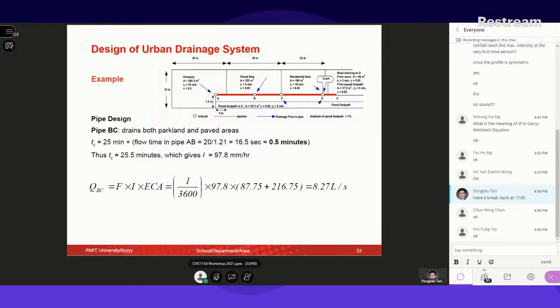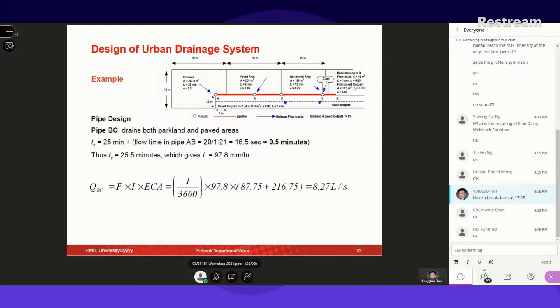So we can estimate the flow time in pipe AB, which is the length of pipe over the velocity. We just calculated it is around 0.5 minutes. So for pipe BC, the time of concentration is 25.5 minutes.